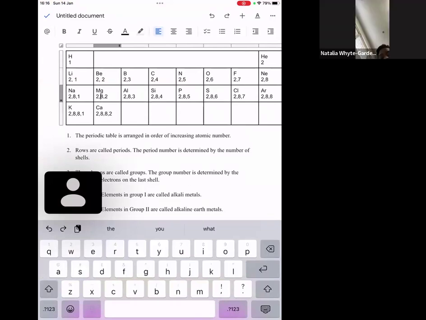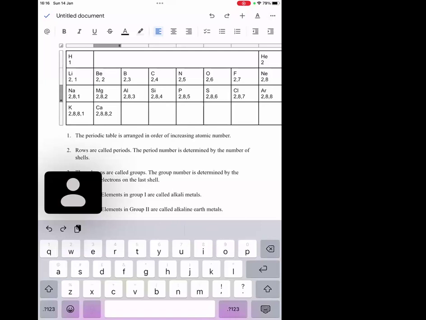We look at the electronic configuration for magnesium. On its first shell it has 2 electrons, on its second shell 8 electrons, and on the third shell magnesium has 2 electrons. So magnesium has how many shells? 3.